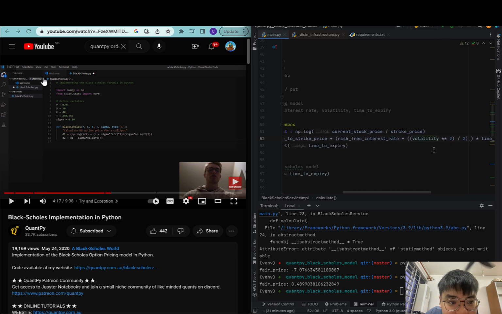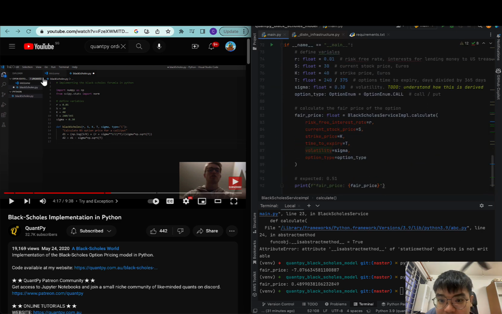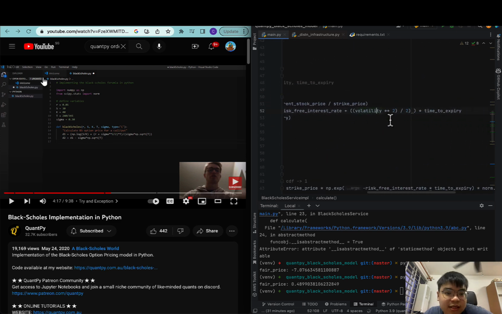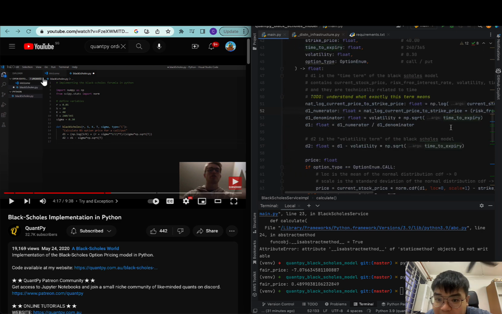So sigma is volatility, right? Yes, sigma is volatility. So volatility squared divided by 2 multiplied by time to expiry. So that's the numerator. And the denominator is sigma, which is the volatility, multiplied by square root of time to expiry. And we take numerator divided by the denominator to get d1. And d2 is d1 minus volatility multiplied by square root of time to expiry.